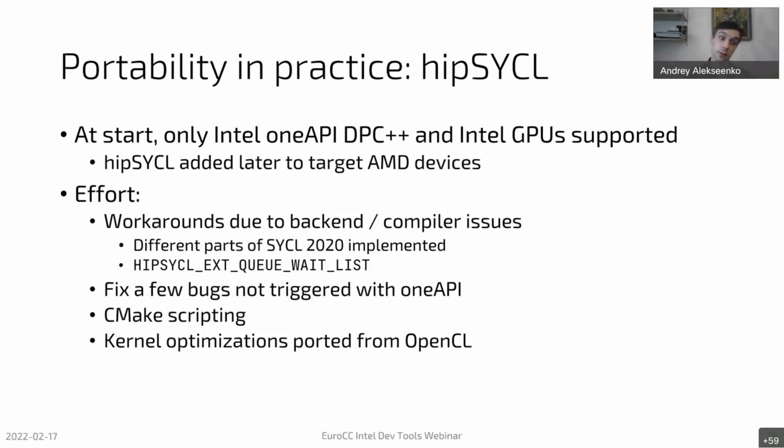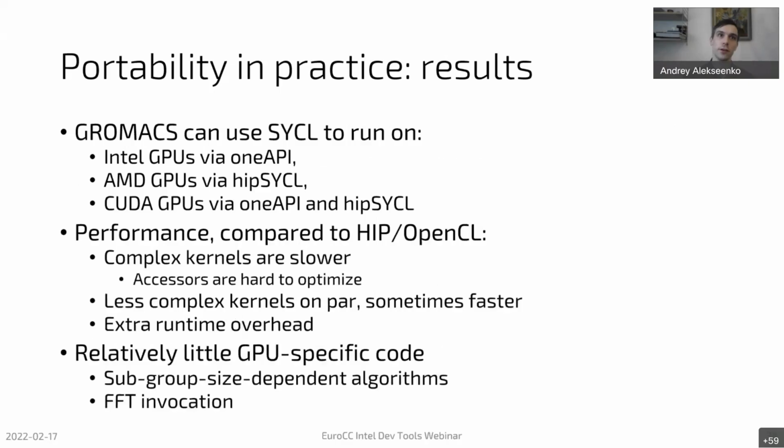But that's something that had to be fixed before we could use HipSYCL. And we had to do some CMake infrastructure work to be able to detect both HipSYCL and oneAPI. And we already had optimized kernels for AMD in our OpenCL implementation, so that part was already covered.